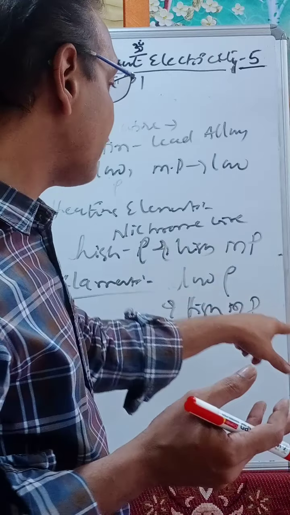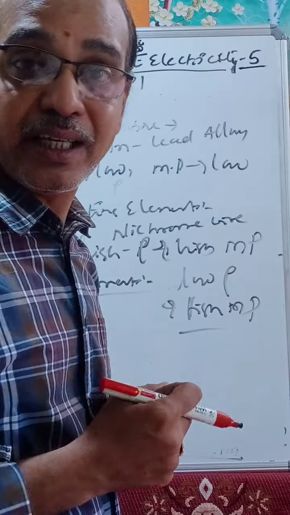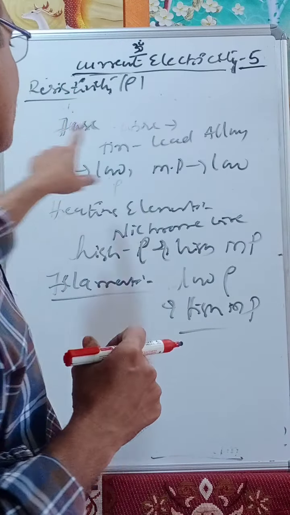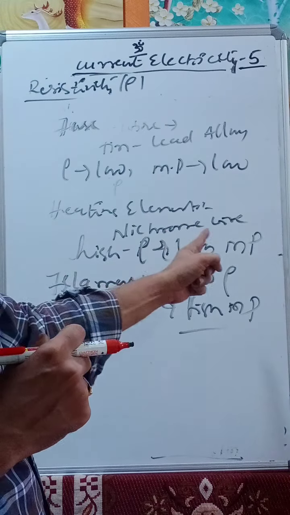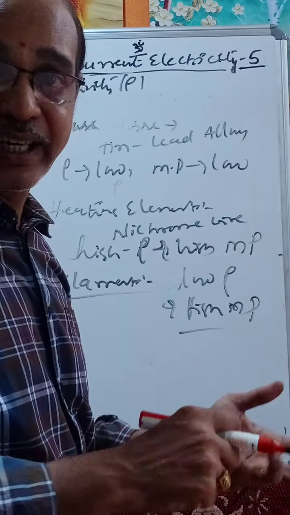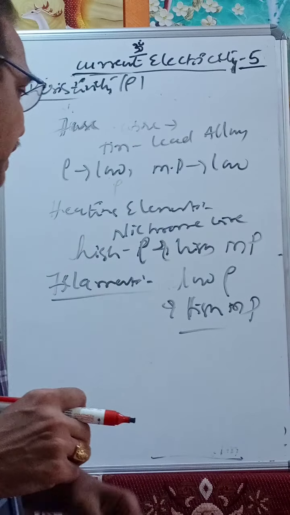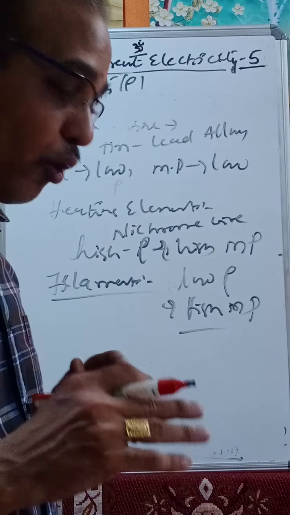Therefore, it should have high melting point and low resistivity, so that it passes high current. These are the three very important ones: fuse wire, low resistivity and low melting point; heating elements like water heaters, high melting point and high resistivity; and filament, low resistivity and high melting point.